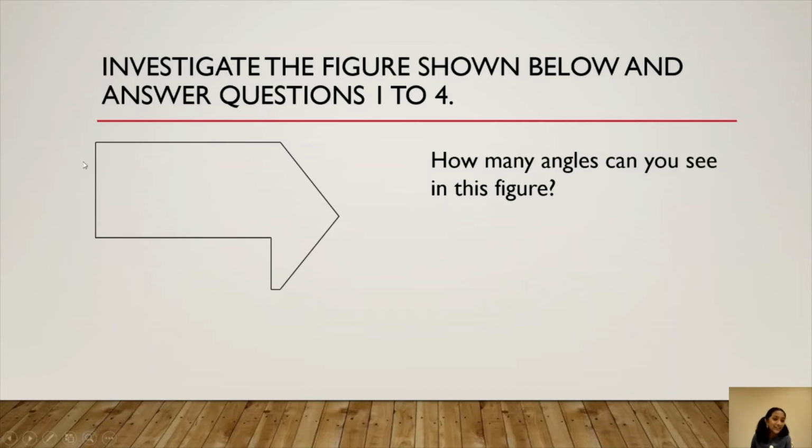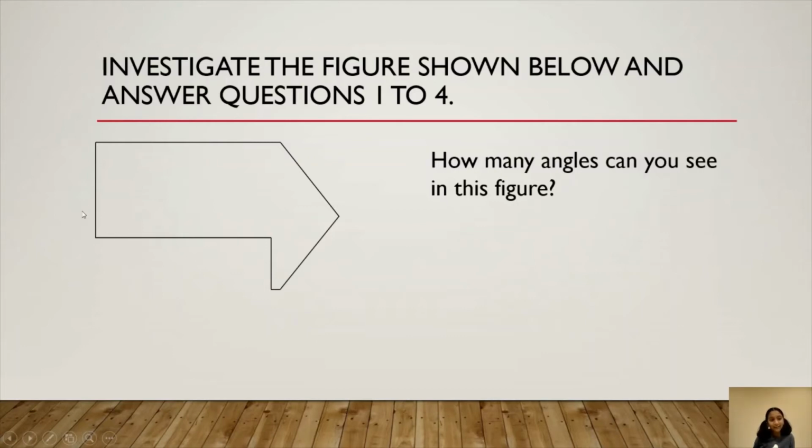I hope you did. First, let's start with this angle right here, where this line segment and this line segment connect. See that angle? So that is 1. Now, let's look down here. It's the angle where this line segment and this line segment connect, which is right over here.